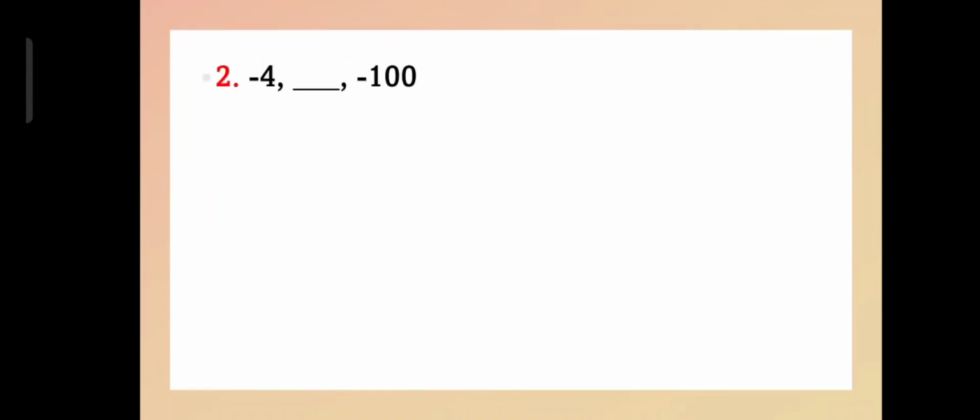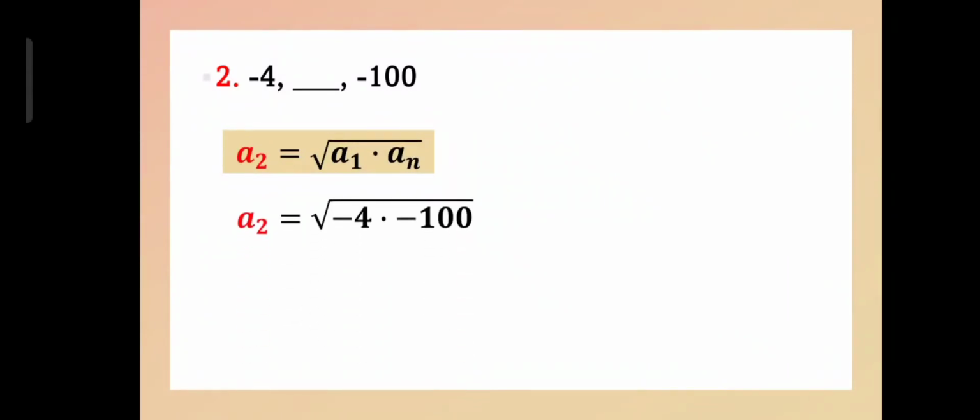Number 2, insert geometric mean between negative 4 and negative 100. So our formula is a sub 2 is equal to the square root of a sub 1 times a sub n. Substitute negative 4 to a sub 1 and negative 100 to a sub n. A sub 2 is equal to the square root of negative 4 times negative 100.